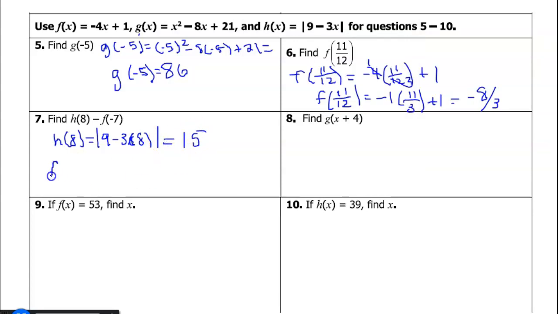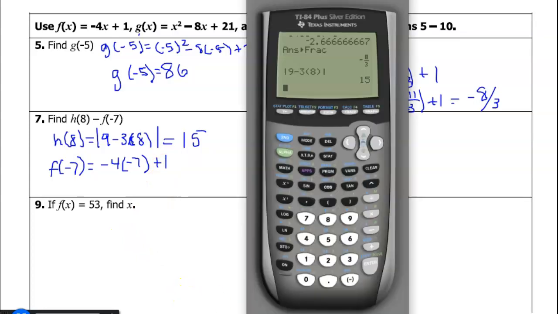Then f of -7 is -4 times -7 plus 1. So I'll plug that into my calculator. -4 times -7 plus 1. That's 29.